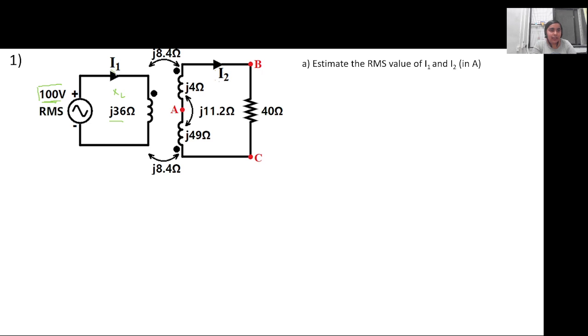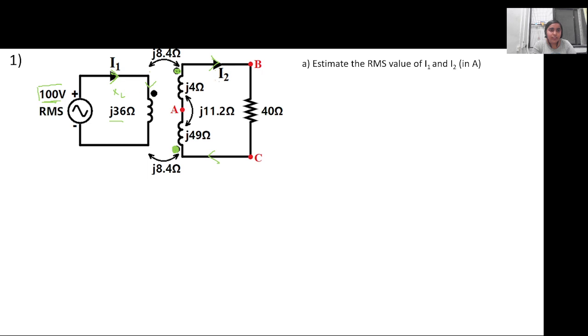There is a current I1 that is flowing and it is entering the dot. In the secondary, there are two different coils. In one of the coils the current is leaving the dot, and in the third coil the current is entering the dot.